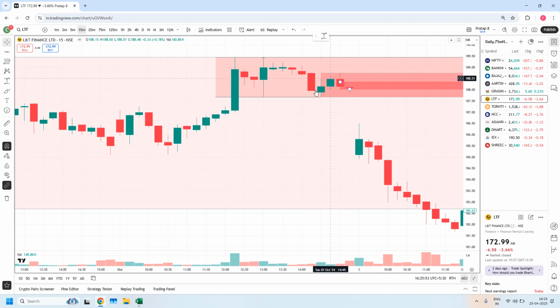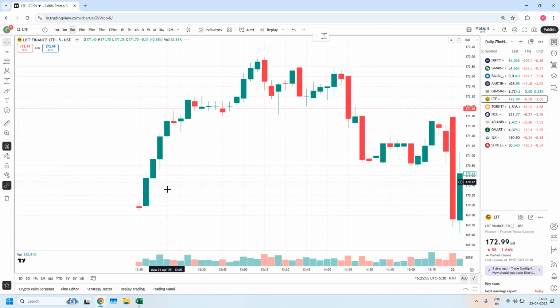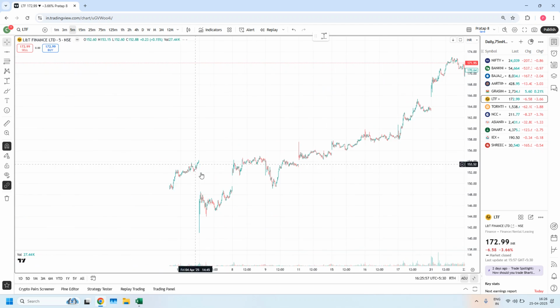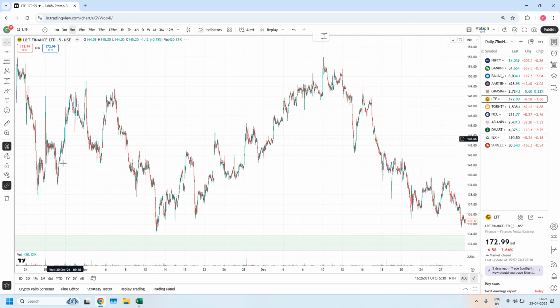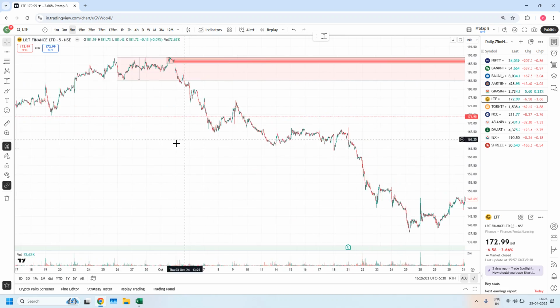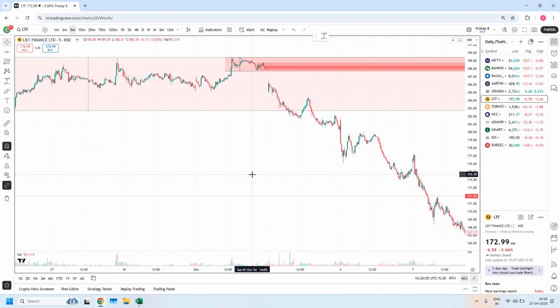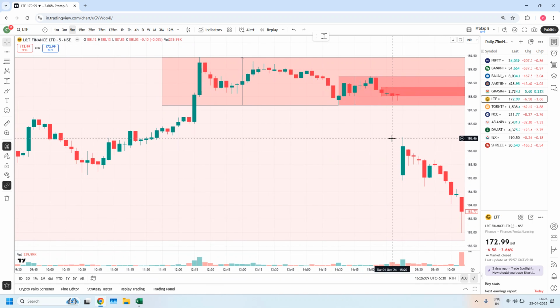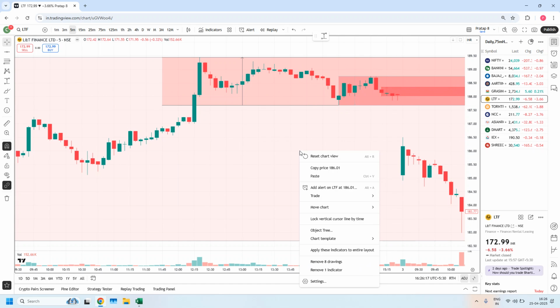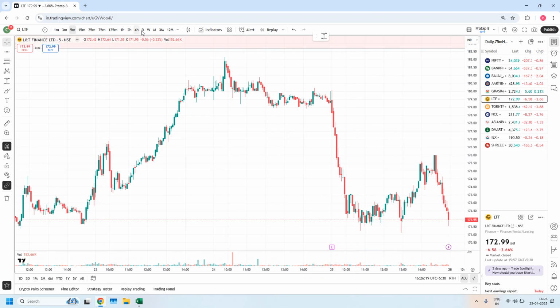Inside this 15 minutes, you have a 5 minute zone. So you have a drop candle, 1, 2, 3, 4 base candles and a drop candle. So this is the fine-tuned 5 minutes area. But anyway, we didn't get a trade today in this zone.